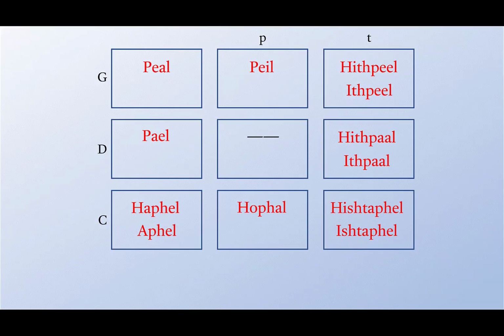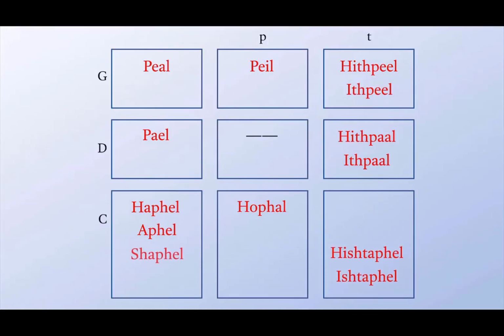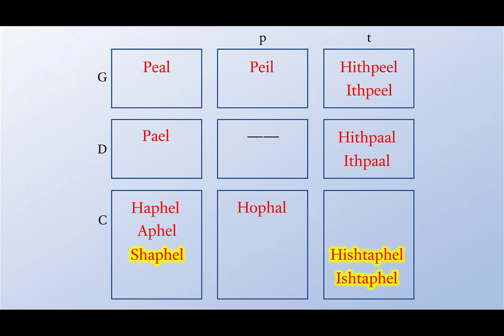So moving those out of the way, we now need to add one more expansion, and that has to do with the shafel in the causative cell. Now, if we look closely, we'll see the TC cell, hishtafel and ishtafel, have that shin sound, and they actually are related morphologically with shafel rather than hafel and afel.